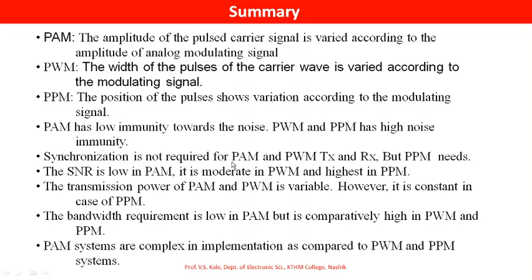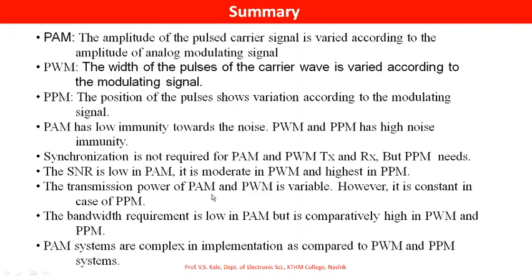Synchronization is not required for PAM and PWM, transmitter and receiver, but PPM needs. The signal to noise ratio is low in PAM, it is moderate in PWM and highest in PPM. The transmission power of pulse amplitude modulation and pulse width modulation is variable.